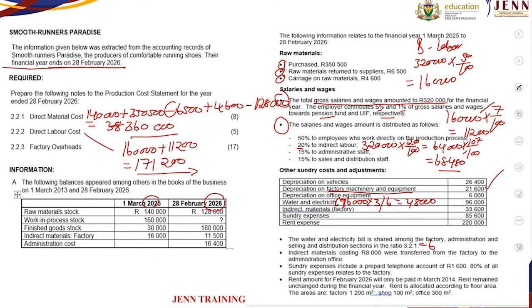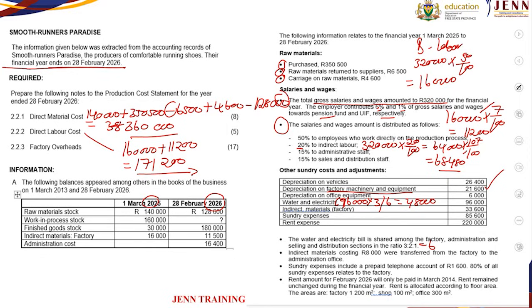And then the next one, I see a question there. It says direct material cost is 360,600, not 360,000. All right, let's go back to our calculation of direct labor cost.